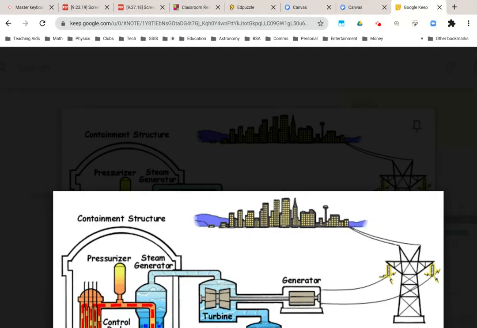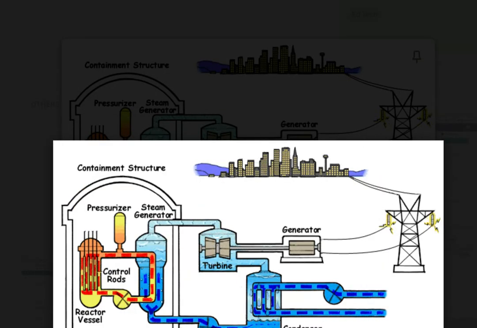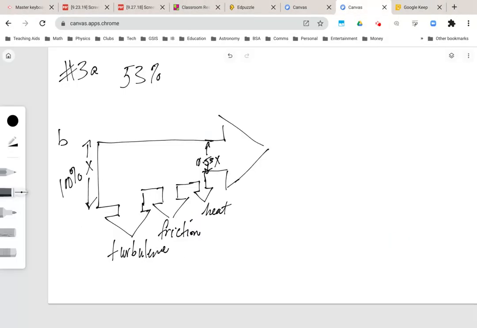That energy is captured and transferred into water, which is boiled, then transferred into the kinetic energy of the turbine, and then that kinetic energy is put into electrical energy, and then that's sent out to the homes and to the businesses. All right, so for our purposes here, I won't write all that down. Hopefully that made sense, and the diagram is a very handy way to look at that.